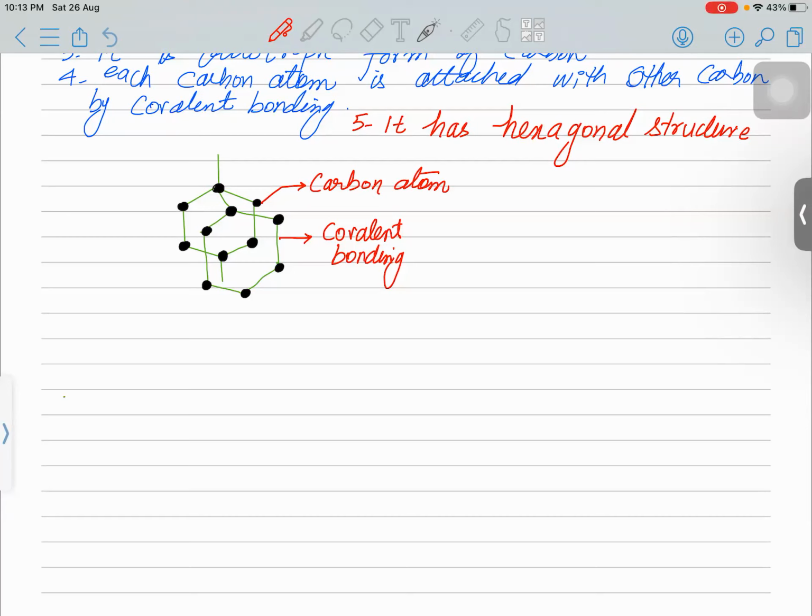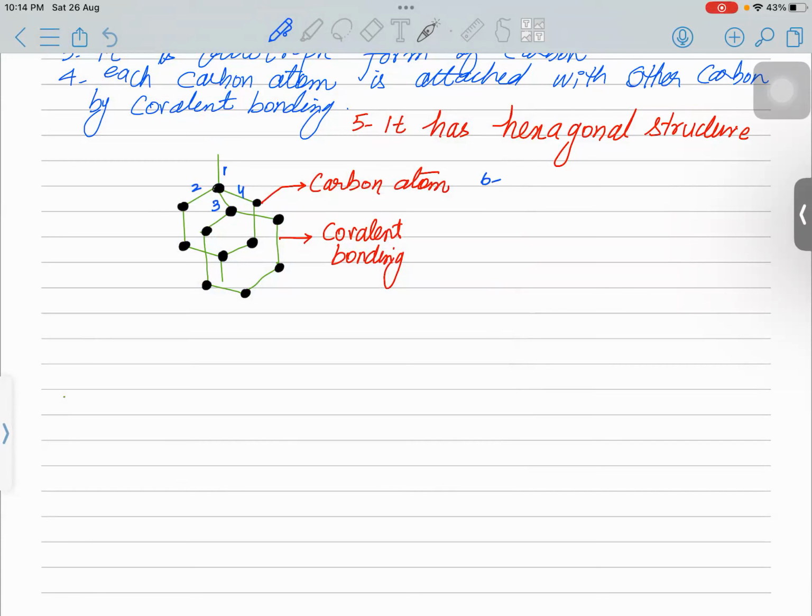So can you tell me how many covalent bonds there are? Each carbon atom can form how many bonds? Three, sir. Are you sure? Three? This is 1, this is 2, this is 3, this is 4.